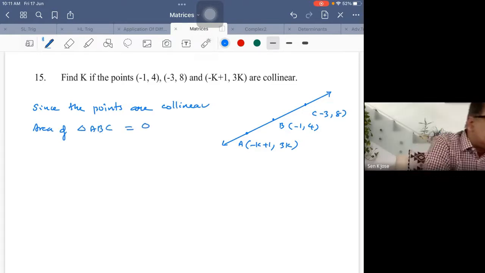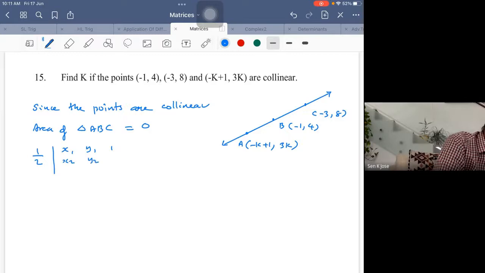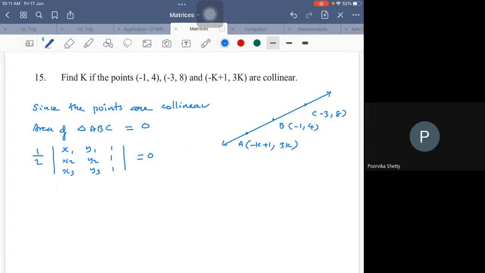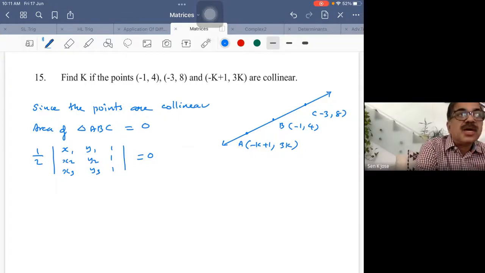That's half determinant x1, y1, 1, x2, y2, 1, x3, y3, 1 is equal to 0. Purvika, don't try to expand with 1, 1, 1 this time because it's going to be harder for you. You should definitely evaluate with the first row because you have the unknowns there. That makes your calculation so much easier than anything else you would do here.